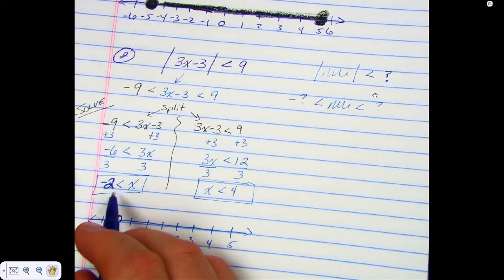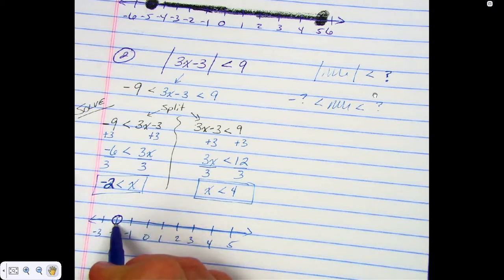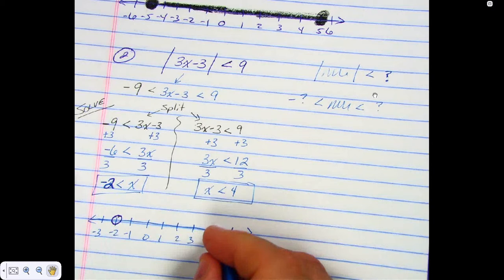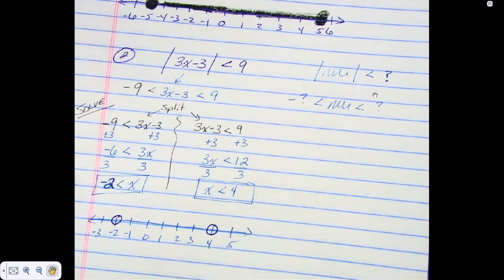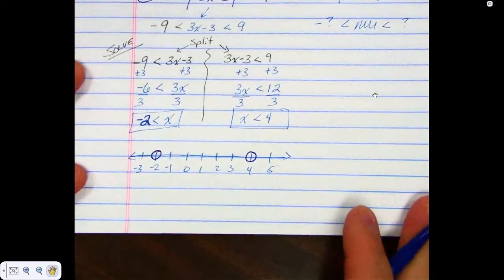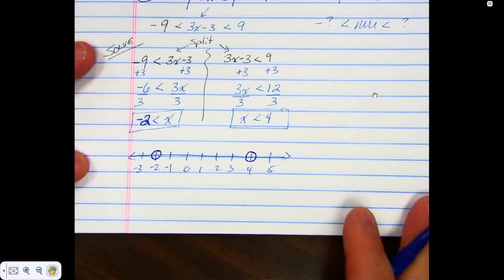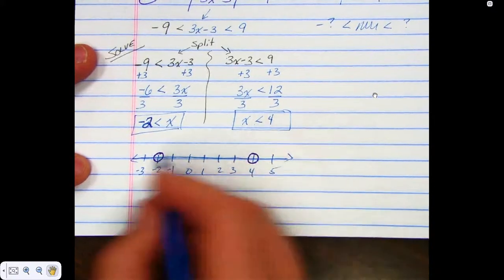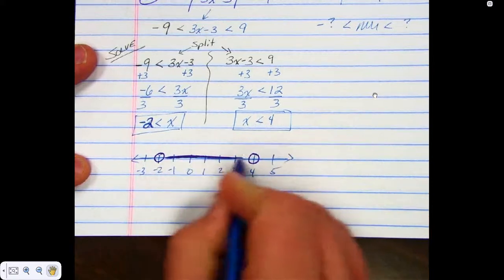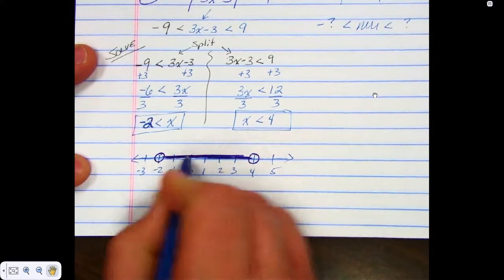I said to stop writing and watch. I put an empty circle there, correct? What do I put here? What kind of circle? Am I including the 4? Does no one in this class know whether I'm including that 4 or not? No, I am not, because it's just less than. And I'm talking about all the numbers in between. Okay?